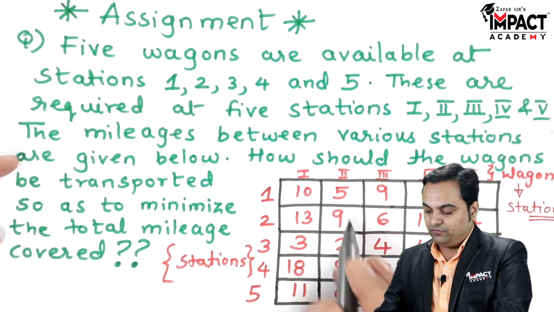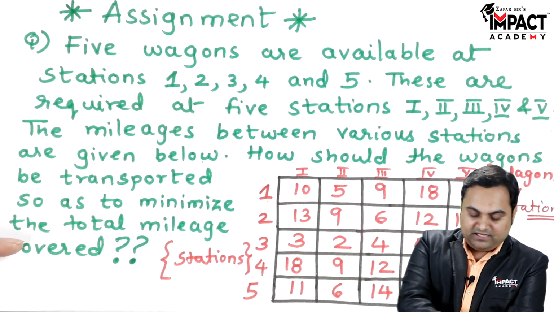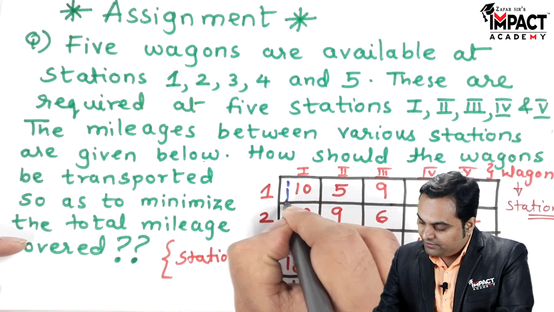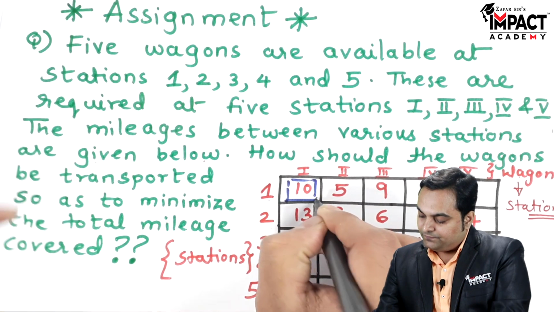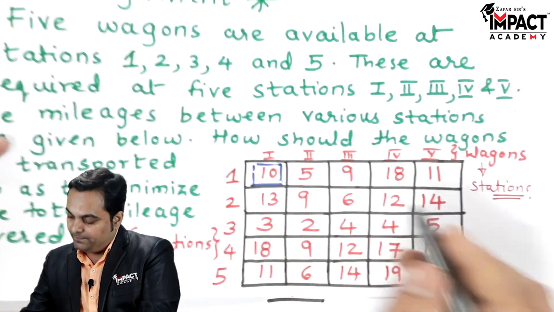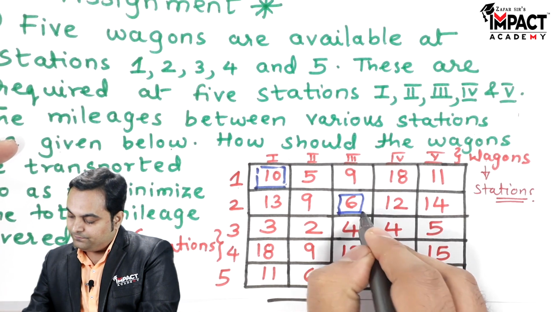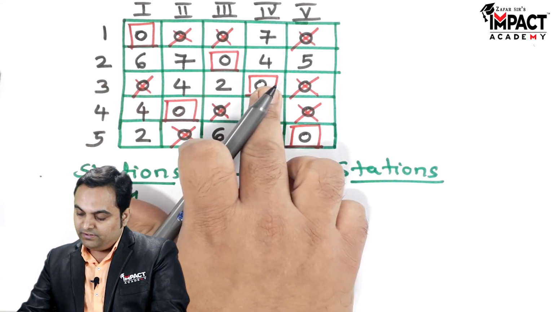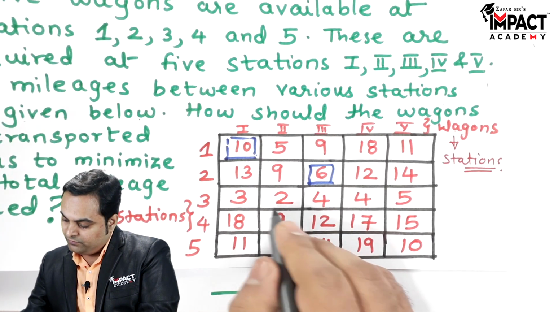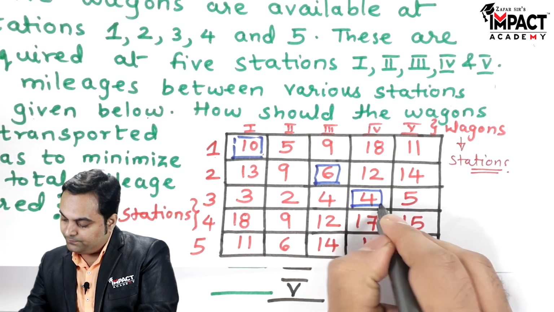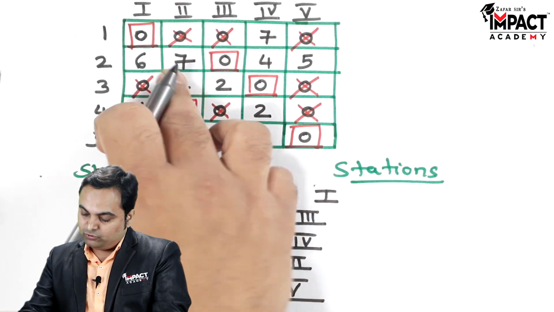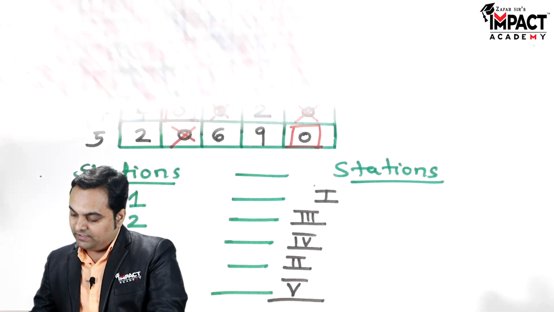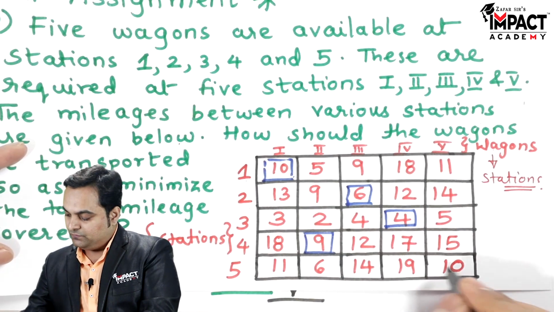Like for example, this was the question. The assignments are made, I am just marking here, it is 10, then it is over here 6, next it is in the third row fourth column, so third row fourth column 4, then fourth row second column, at last fifth row fifth column.